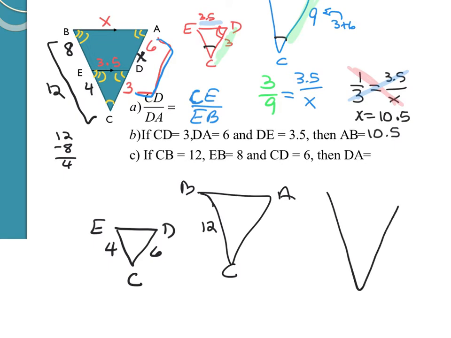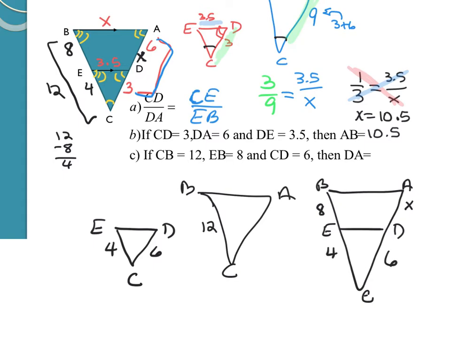So let me draw it back together. So B, A, E, D, C. So this is 8, this is 4, DA I'm looking for, and CD is 6.